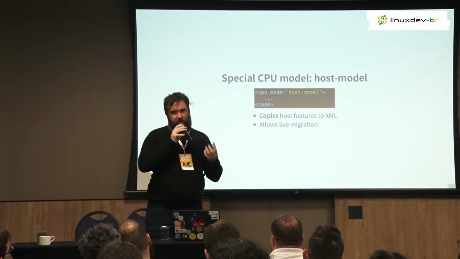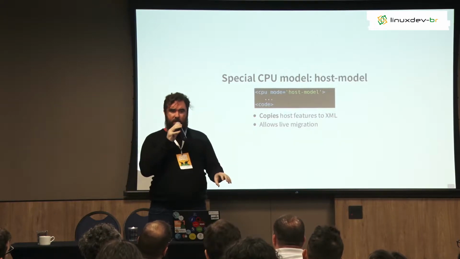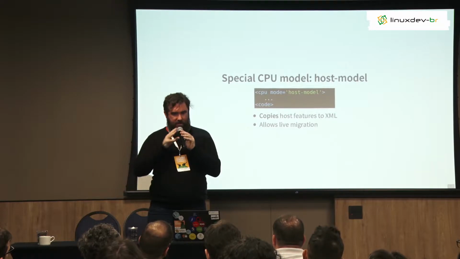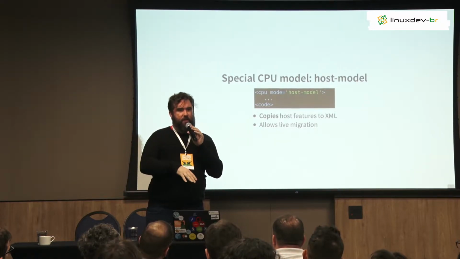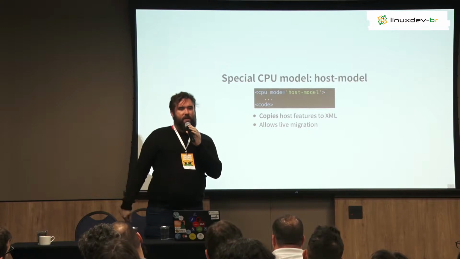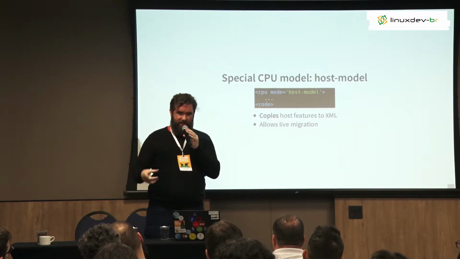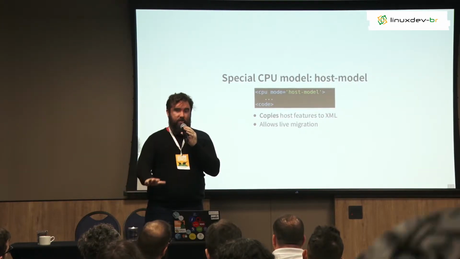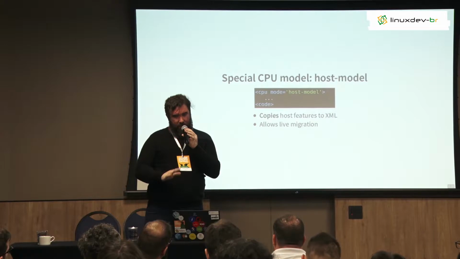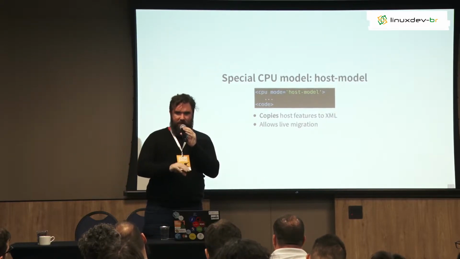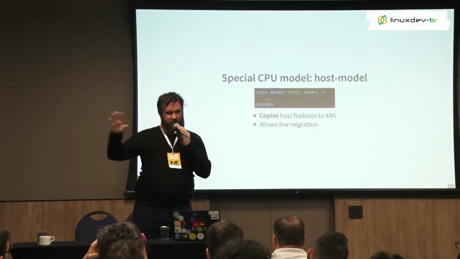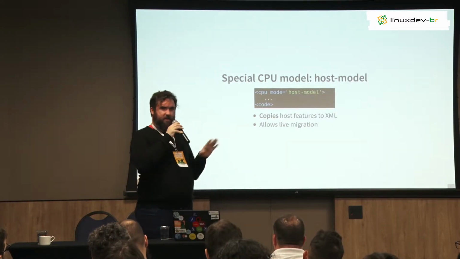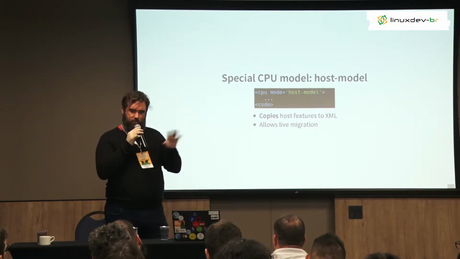You are going to get a CPU model that has everything from the machine you're running, but you can still live migrate it, because instead of just exposing everything to the guest, it's going to copy this information to the XML configuration on libvirt, and it's going to stay there. And after it's already there, you can migrate it, because this XML data is going to be on the other side. The CPU will be on the other side, and everything will work. You can live migrate.